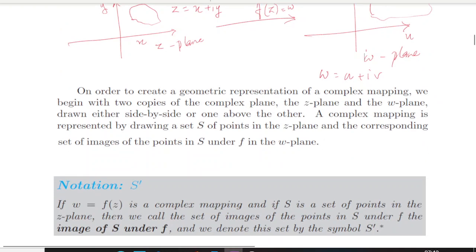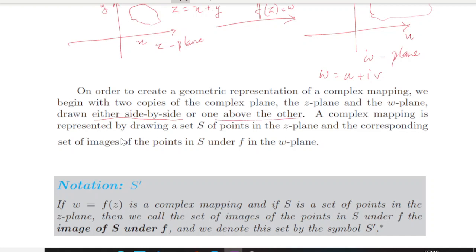So in order to create a geometric representation of a complex mapping, we begin with two copies of the complex plane, the z plane and the w plane, drawn either side by side or one above the other.